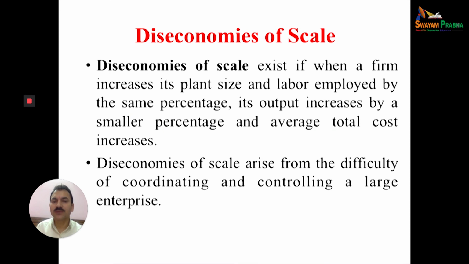Whereas when the firm increases the labor, plant size or specialization and the output does not increase in the same proportion, it increases by a smaller percentage, then the average cost and total cost increase. This is diseconomies of scale. Diseconomies of scale arise from the deficiency in coordinating and controlling a large enterprise.